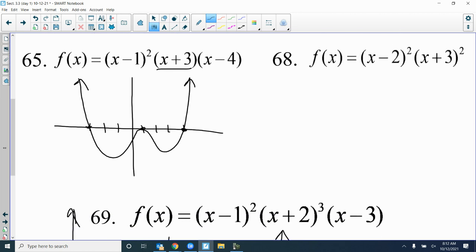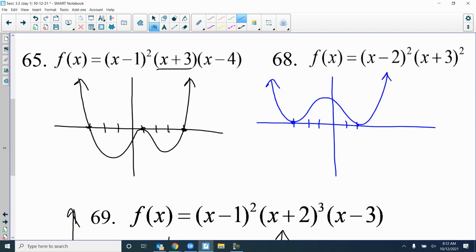So it hits at -3, goes through, bounces at 1, goes through at 4. That's all I need to see. For 68, go ahead and do this one. It hits at -3, it hits at +2, and it bounces at both of them. Fourth degree, it's going to look like that.